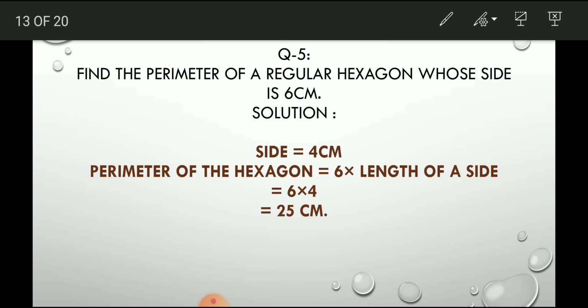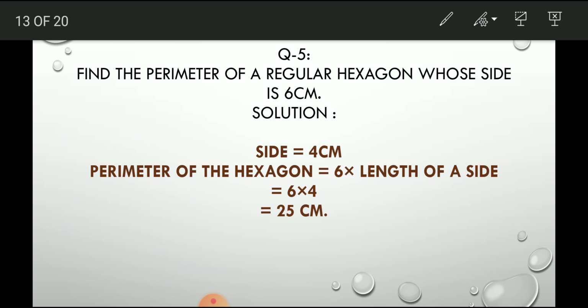So see this next one. Find the distance traveled by Shaina if she takes 3 rounds of a square park of side 70 meter. Okay, here Shaina wants to go around a square park.